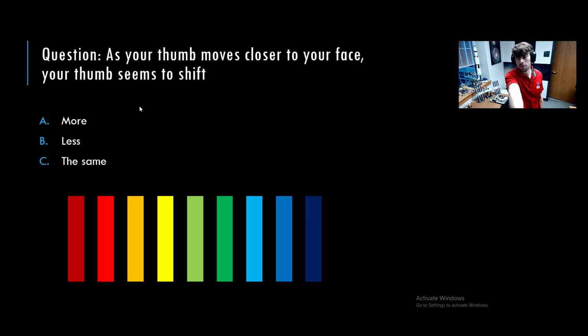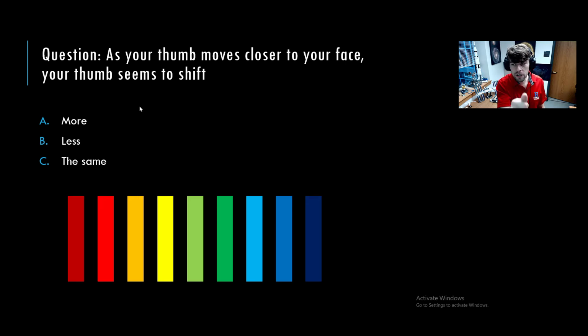Mine goes from the center green to the yellow. But if I bend my arm only halfway and do the same thing, your thumb should jump a larger distance.